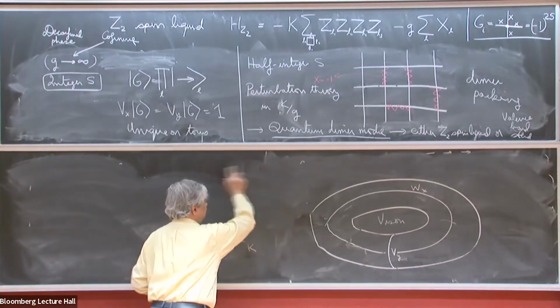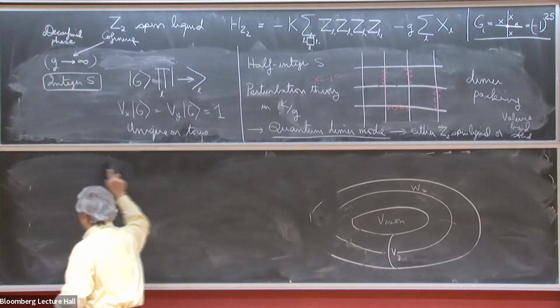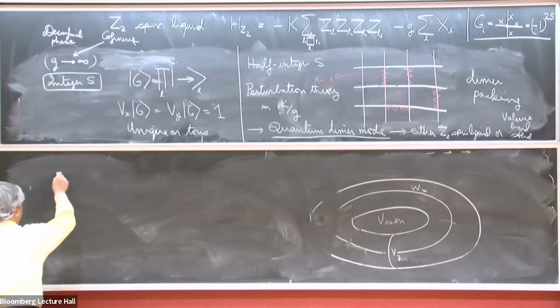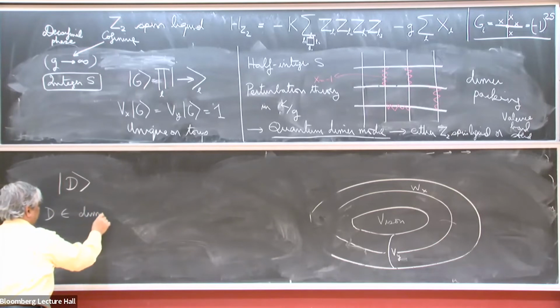So if you give me a lattice, then I make a list of all the states, I'll call them D, where D belongs to some dimer packing.